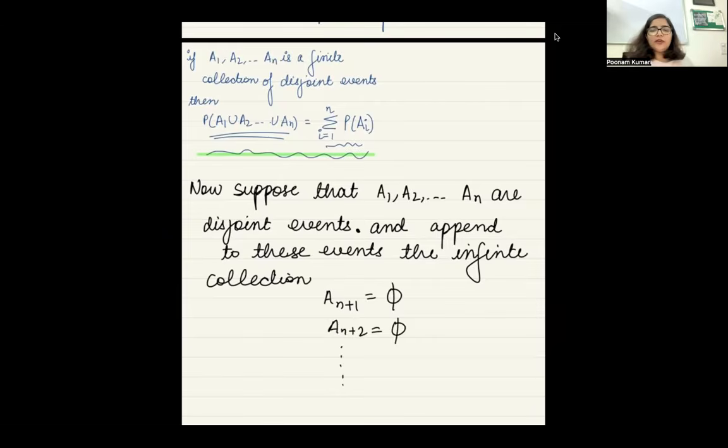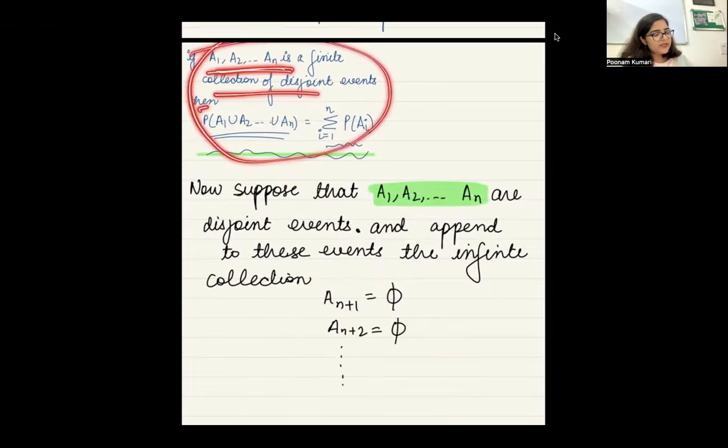Similarly, I can keep going on. So these were your finite, limited number of events, and now you add some more events which have no element in them. This is fine. What you are trying to prove is that if this is a finite collection of disjoint events, then this probability of union is actually this.